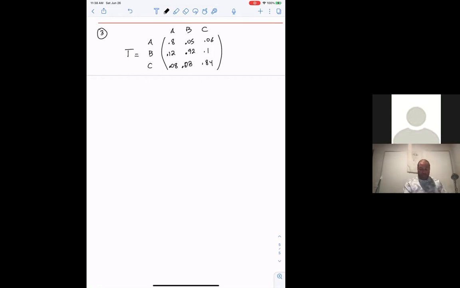At the present time, 45% of the customers are provided electricity by A. So this is not how many are provided electricity by A, but what percent. So it's a probability initial state vector. 25% by B and 30% by C. So we have the transition matrix and we have the initial probability state vector.